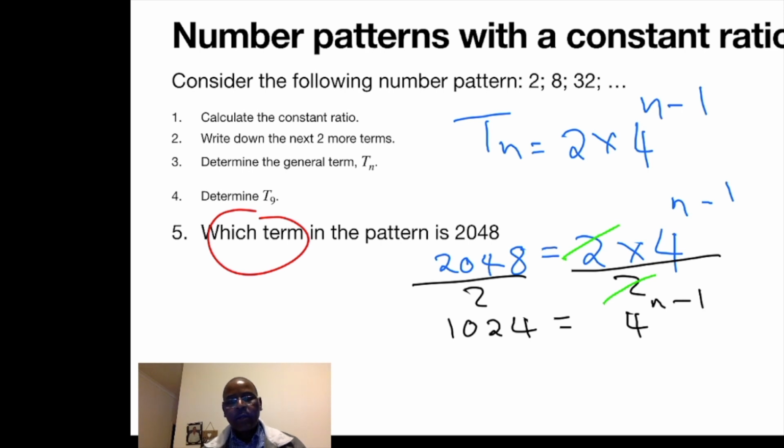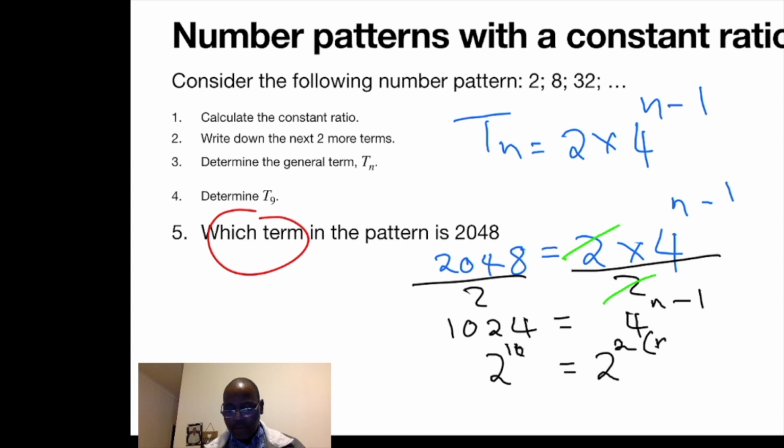The only method that we've learned so far in grade 9 for solving exponential equations is to make sure that we prime factorize our bases and use the same base. So if you prime factorize 1024, you will get 2 to the power of 10. 4 means 2 to the power of 2.